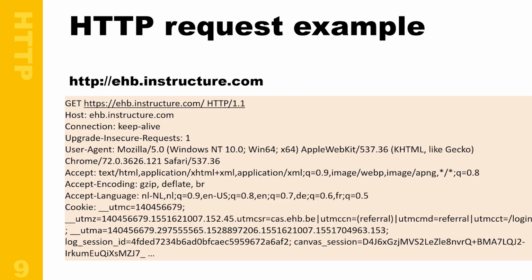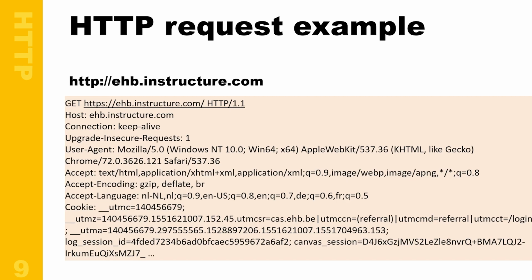An example of such a request: say that we go to ehb.instructure.com, which is our Canvas environment. This is a request that I made a while back. As you can see, the host, so the URL, it's a GET request that we see on the first line. The host itself is HTTPS, so it's a secure one, and it uses the HTTP protocol. If we go down a bit, you see the user agent.